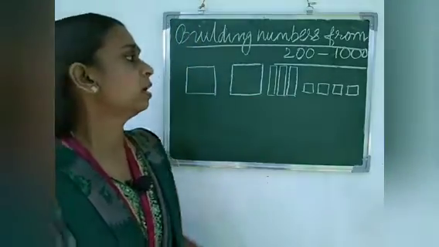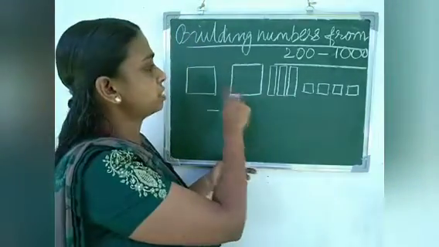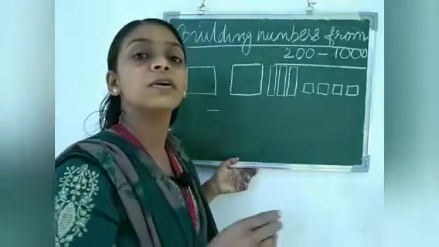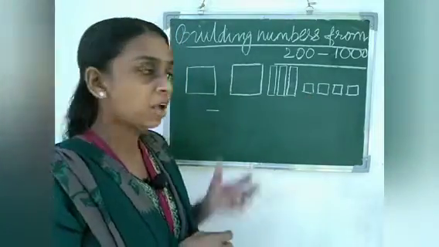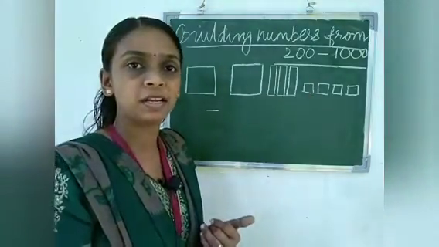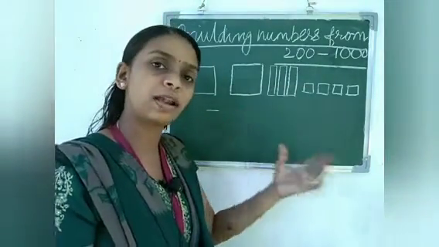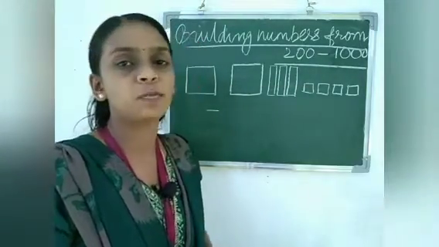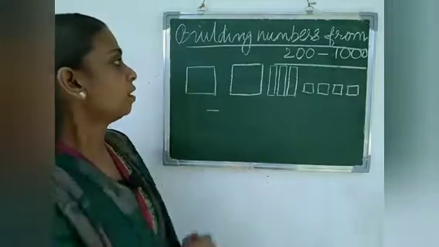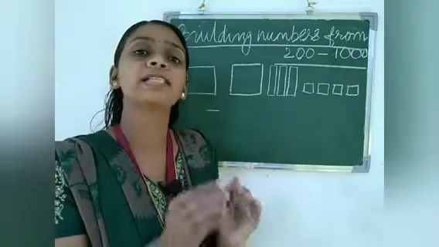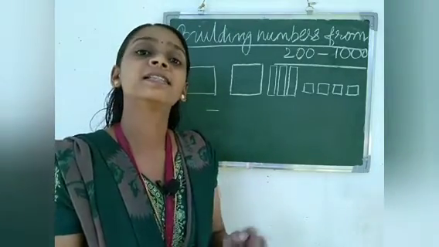So tell me, by the representation of these squares and rectangle roads, which number is here? In the hundreds place, how many big squares are there? Yes, it is 2.